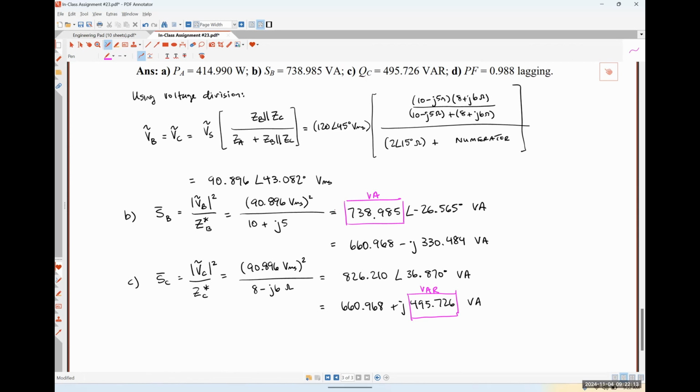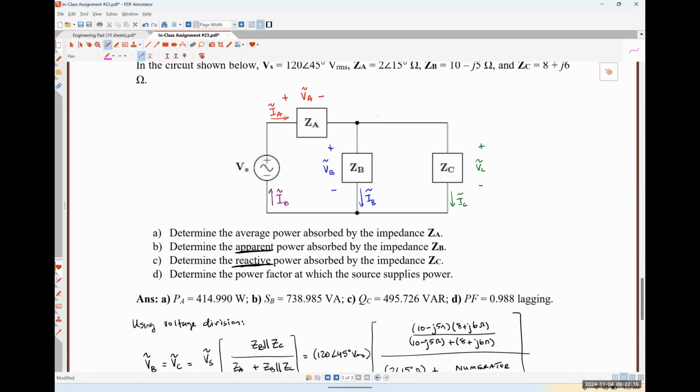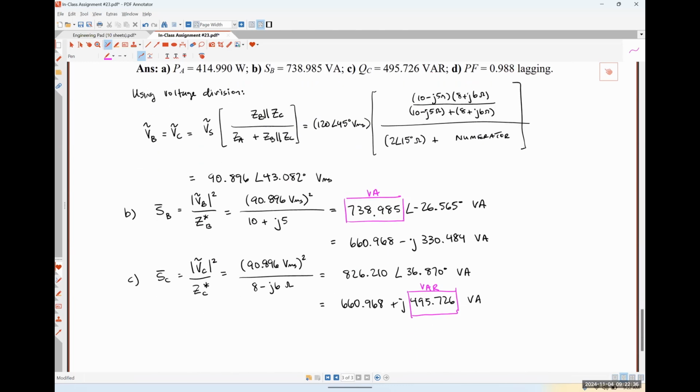Now that we know VB, we could easily determine VA by just doing KVL around the left-hand loop. Or we could find IA by effectively just doing Ohm's law. So since we haven't used that current relationship yet, let's find IA really quickly.